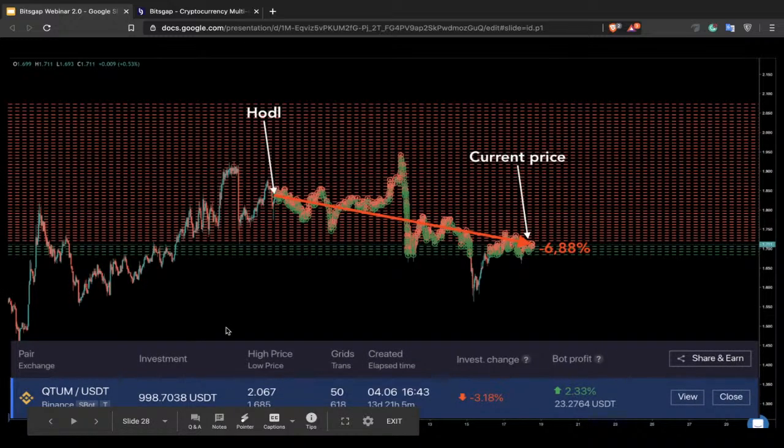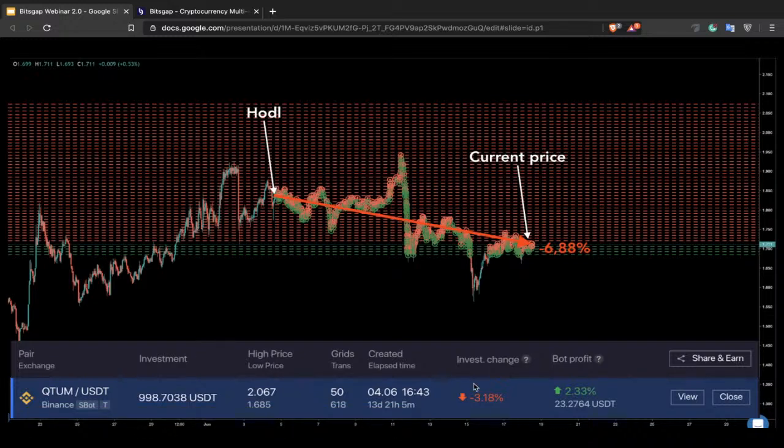And because of this added value that the bot has generated during this falling market, this profit offsets the investment change, and that is why using automated trading we only have minus 3%, whereas if we wouldn't use the automated trading, in this case our loss would be twice bigger. It would be minus 6.88%.